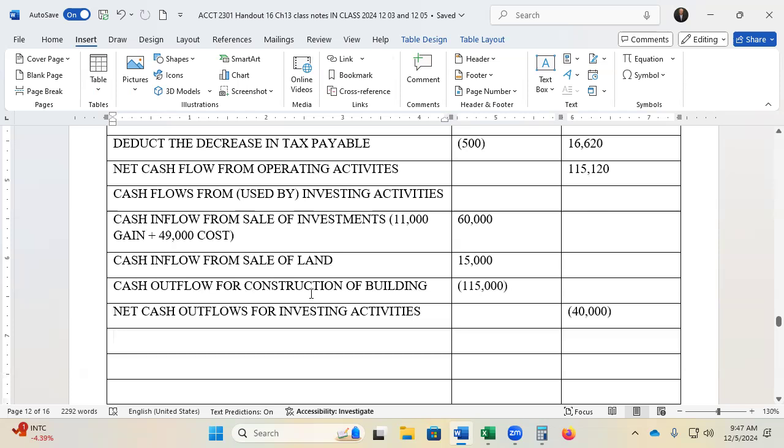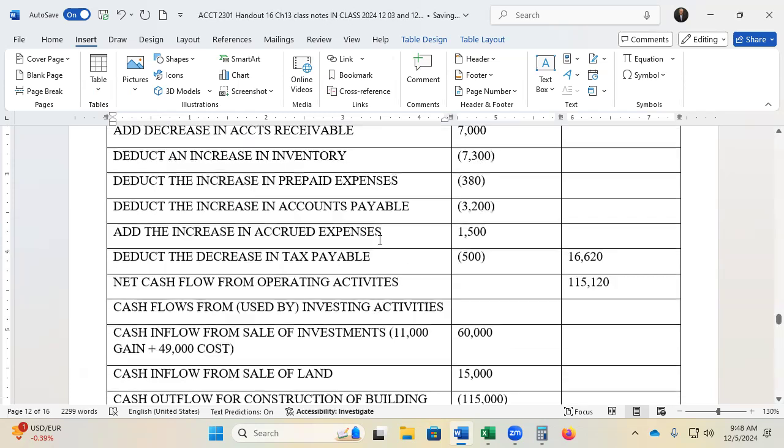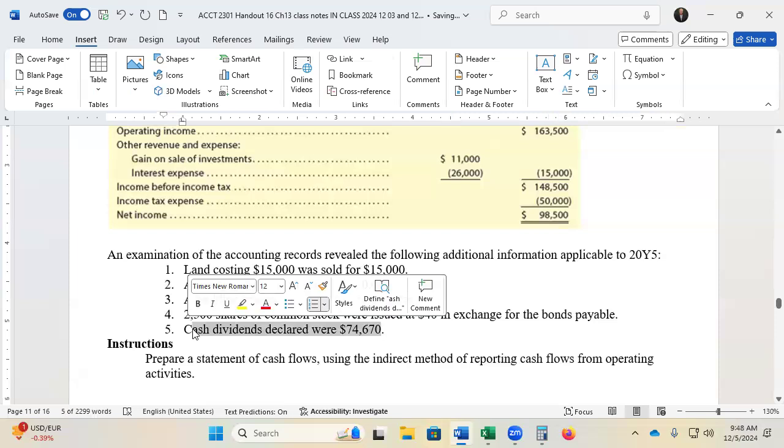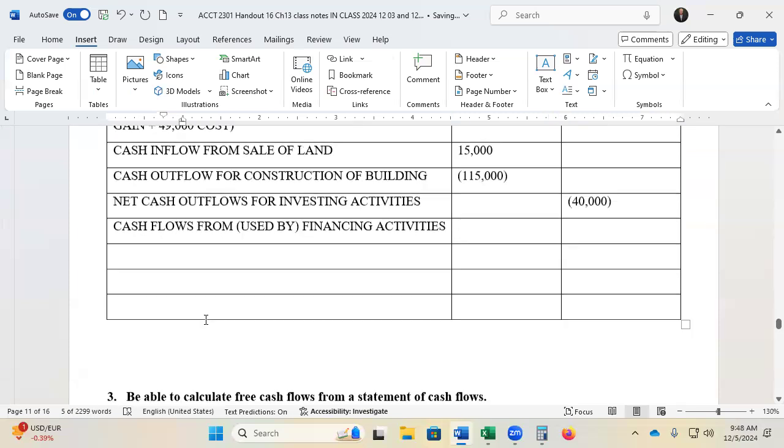The next part, you're going to have cash flows from or used by financing activities. And so here we're looking for dividends, we're looking for changes in debt, and we're looking for changes in equity. So if we come up to the top first, we see that cash dividends declared were $74,670.